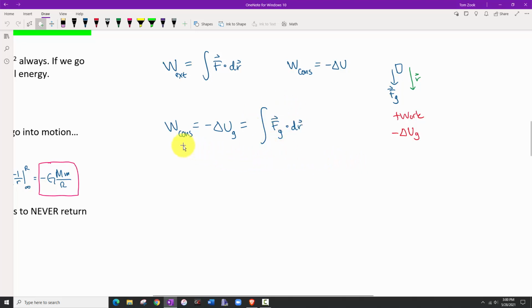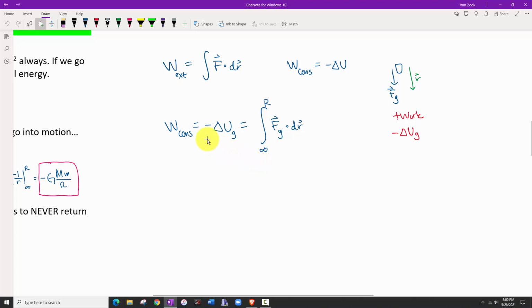The gravitational force, the conservative force, is going to try to pull something from infinity towards the planet. It's going to start out with the object at an infinite distance, and it's going to pull that object towards the surface of the planet, towards a radius value r.